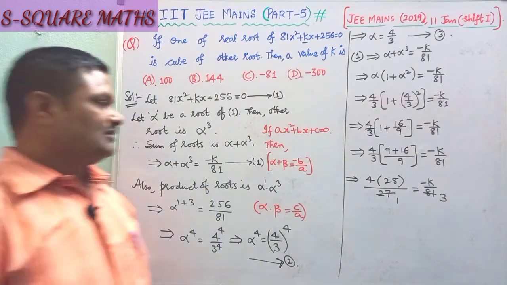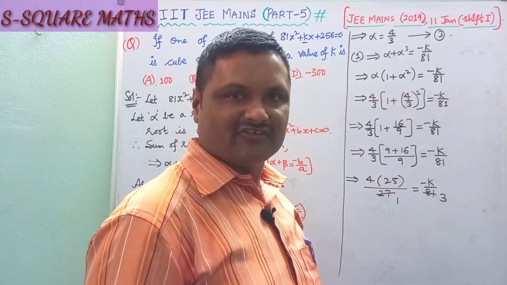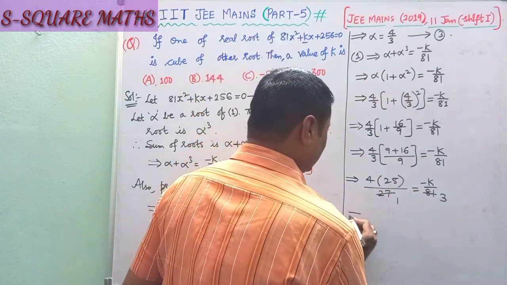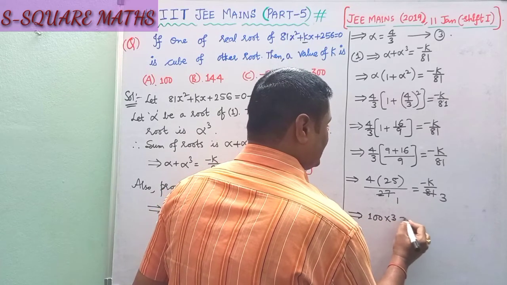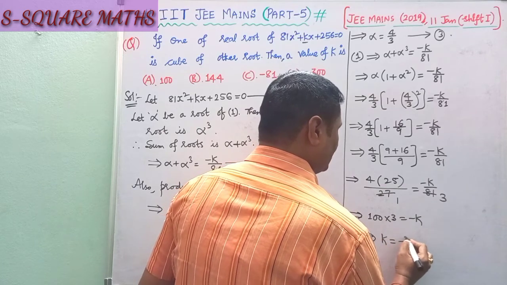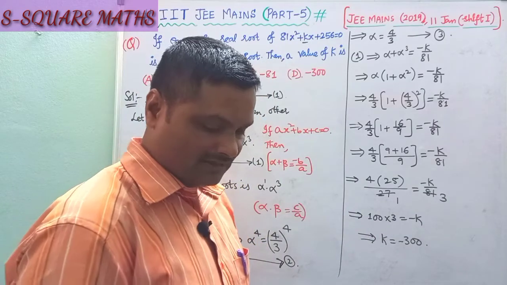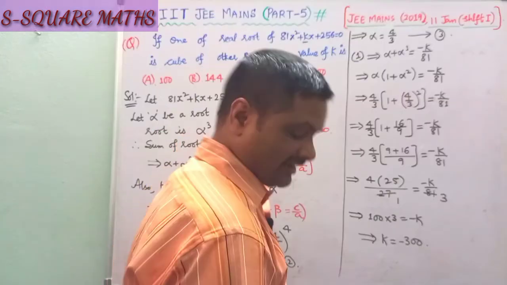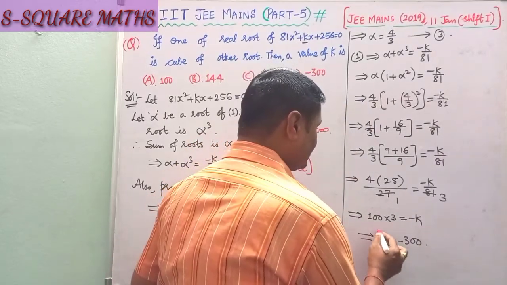If you do cross multiplication, it is a linear equation in one variable, which you know how to solve. I can write 100 into 3 is equal to minus k. So finally the value of k is minus 300.